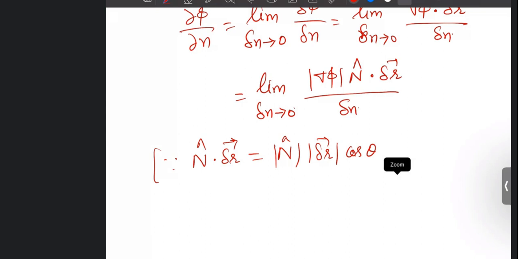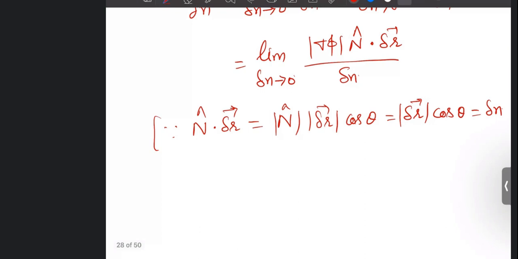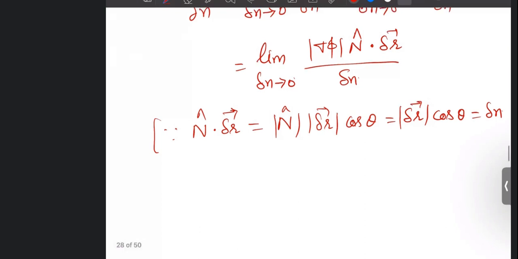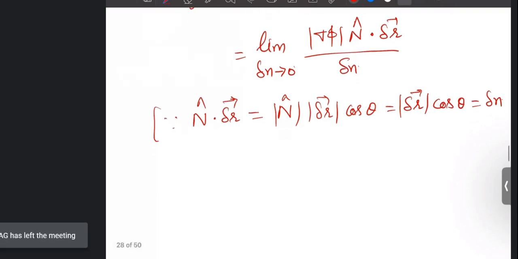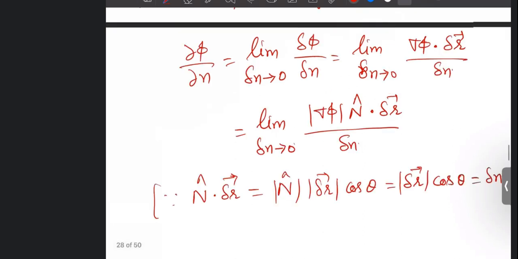Because n is a unit vector, its magnitude is 1, so we only have the magnitude of delta r into cos theta. By the definition of cosine, cos theta is base upon hypotenuse, that is delta n upon delta r. So the value of delta n is equal to the magnitude of delta r into cos theta. Therefore, what will happen in the above one?